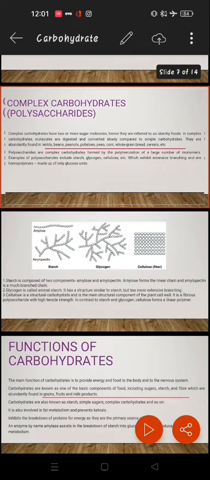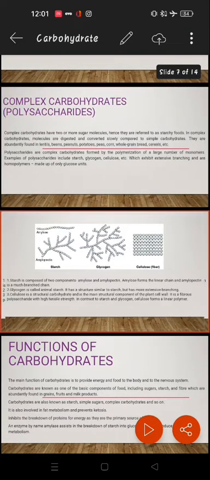Polysaccharides are complex carbohydrates formed by the polymerization of a large number of monomers.